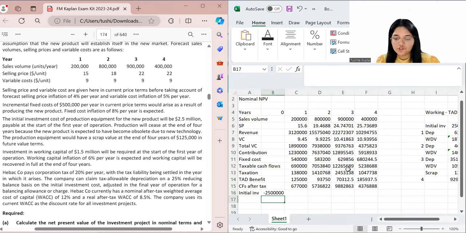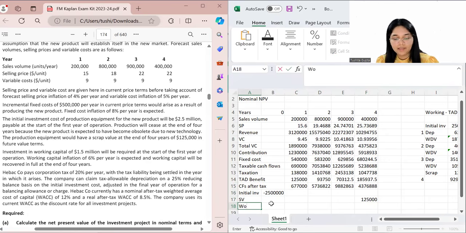So this is my initial investment, putting it as a negative figure because this is indeed an outflow that I have. And the scrap value, which is given in the question, I also have it written over here. So this is my scrap value, 125,000.